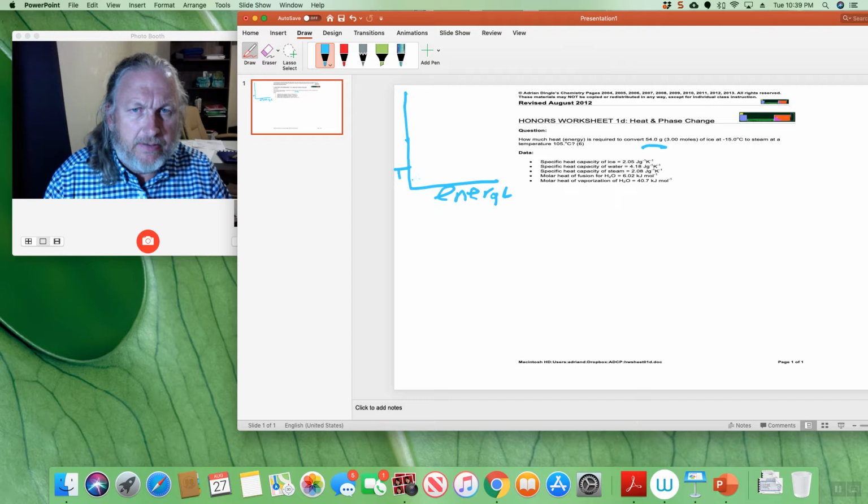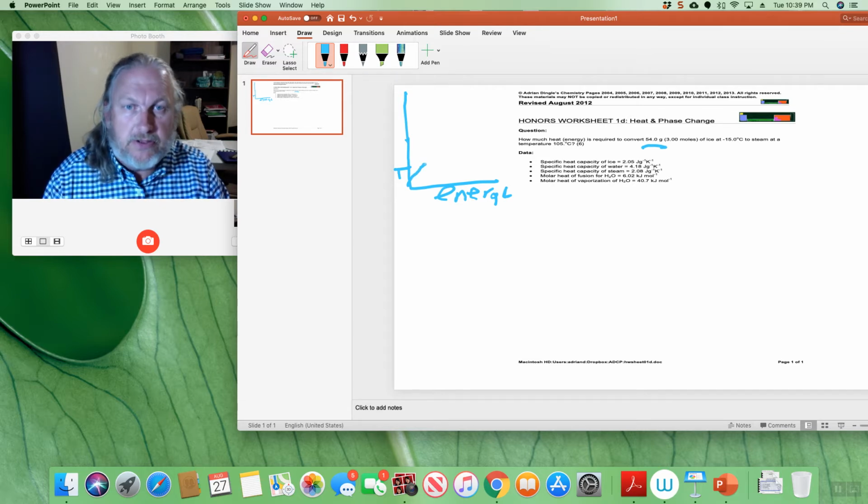Let's see where I'm at here. Let's say this is minus 15. I'm going to go up. When I reach 0, we know that's the melting point, so I'm going to plateau off with a slope of 0. Then after all the material has been melted and it's no longer ice, I'm going to start going up again.